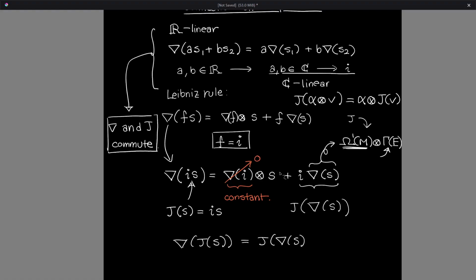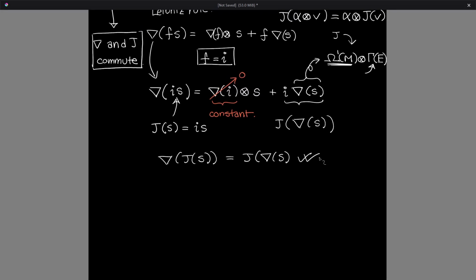If applying nabla and then applying J broke the complex structure of the manifold, then J would not have the same effect if you applied it after nabla, and vice versa. So J cannot ruin the nabla's connection structure, and the connection cannot ruin the J structure. And therefore, this is the way that the compatibility manifests. This is how we expected it to work.